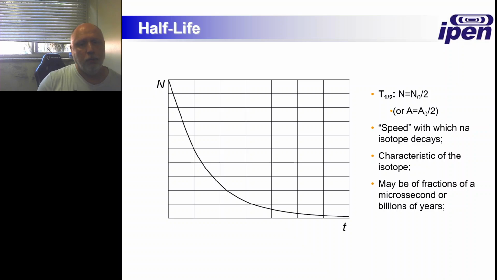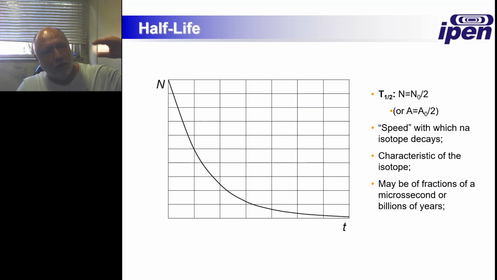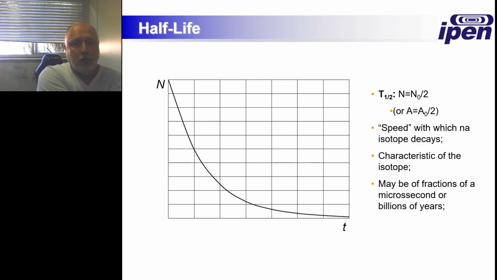Each isotope has its own half-life. In fact, excited states of an isotope have their own half-lives, which are not the same as the half-lives of the fundamental state. And it may range from fractions of a microsecond to billions or trillions of years, right? So there's a wide array.